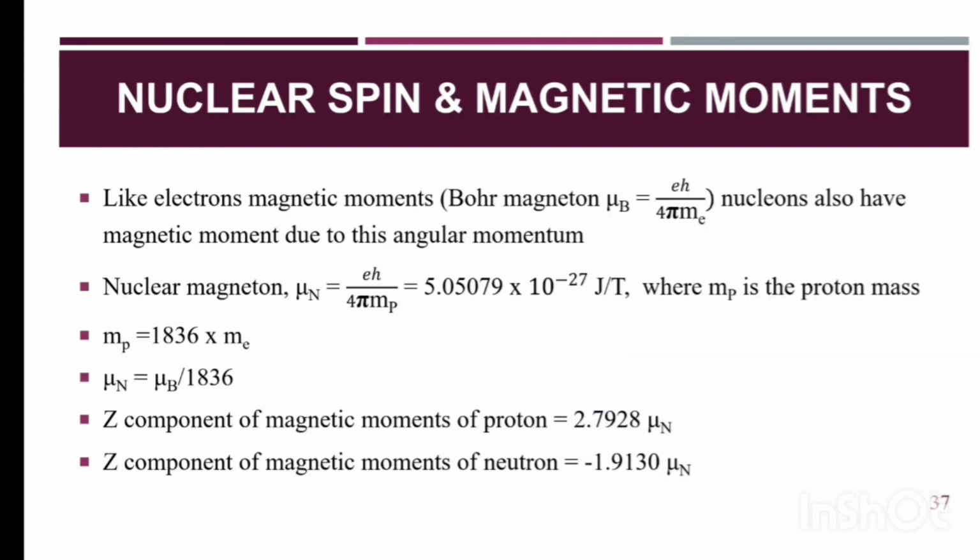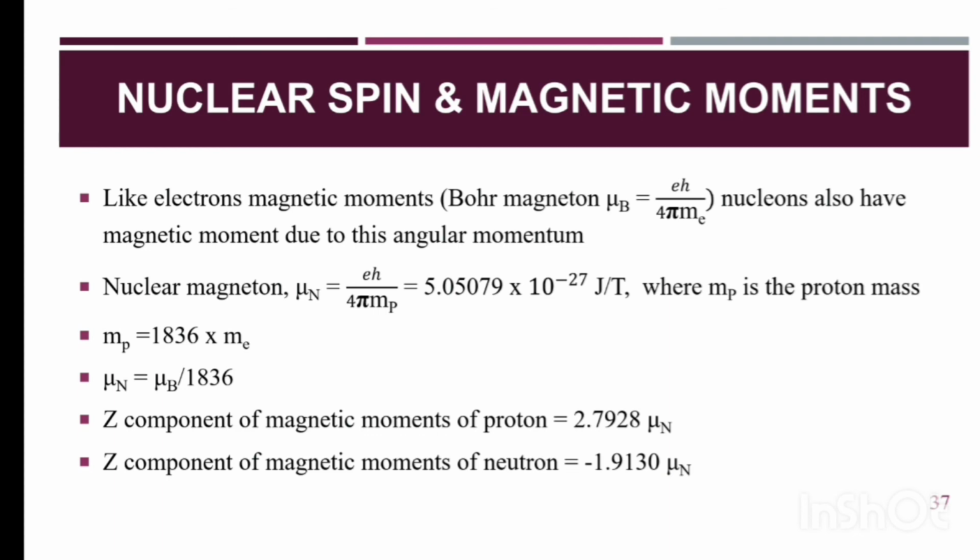Nuclear spin and magnetic moment. We know that electrons have magnetic moment. Likewise, nucleons also have magnetic moment. It is due to the angular momentum.